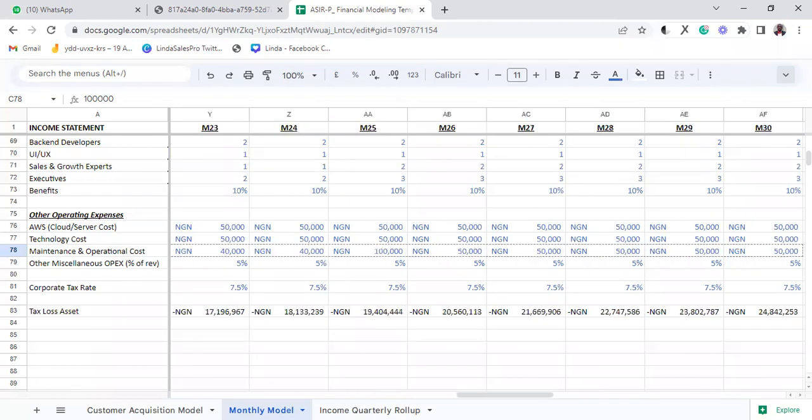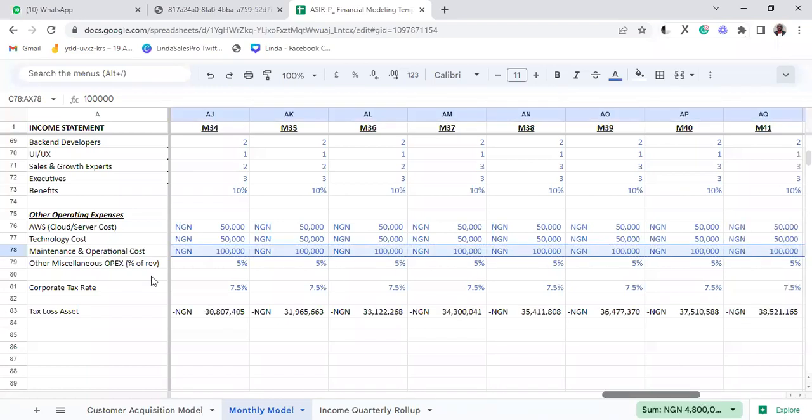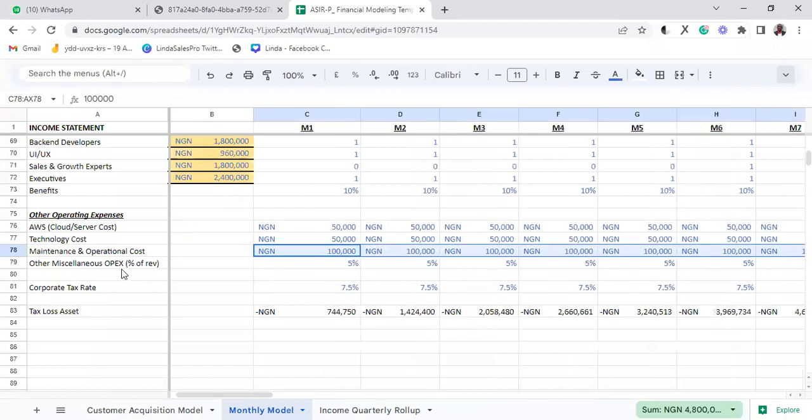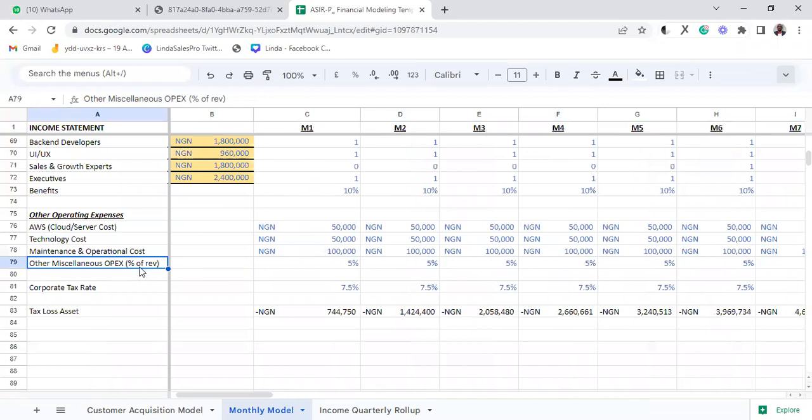The next thing is other miscellaneous OPEX, percentage of revenue. You can keep it at zero. What this means is that you want to factor in miscellaneous and you are taking 5% of every revenue as miscellaneous.